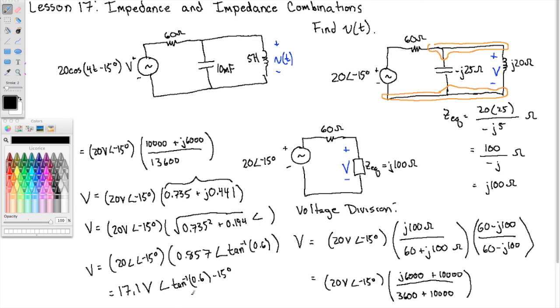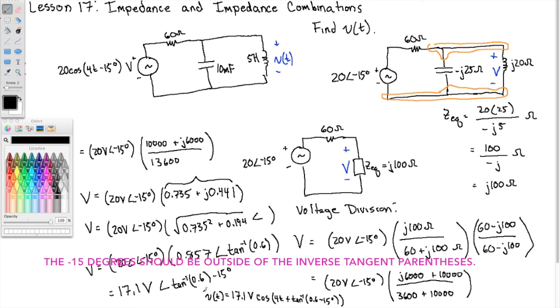And so the answer in the time domain is 17.1 volts cosine, because I have cosine here, 4t, the frequency does not change, with an angle inverse tangent of 0.6 minus 15 degrees. That's the answer.